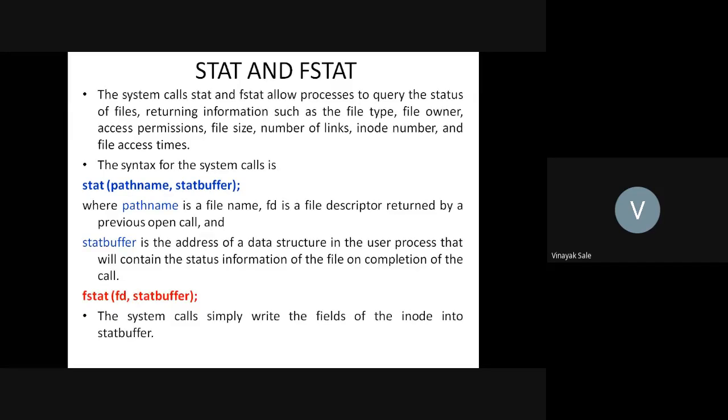The stat buffer is the address of a data structure in the user process that will contain the status information of the file on completion of the call. The system call simply writes fields of the inode into that stat buffer.